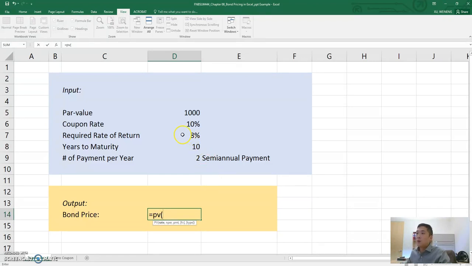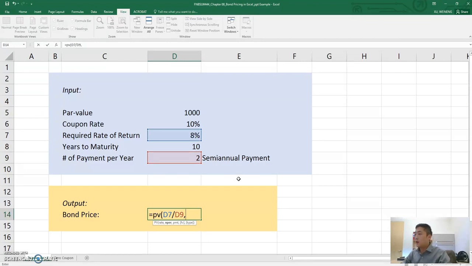The required rate of return here is 8%. But since we have 2 payment periods per year, you need to adjust that by the number of payments per year. So it's D7 divided by D9 being the required rate of return or discount rate per period.